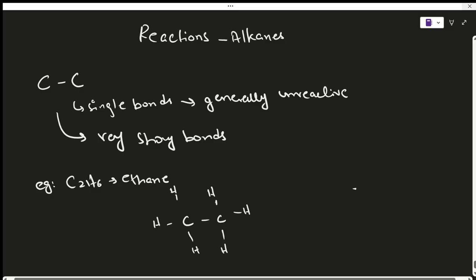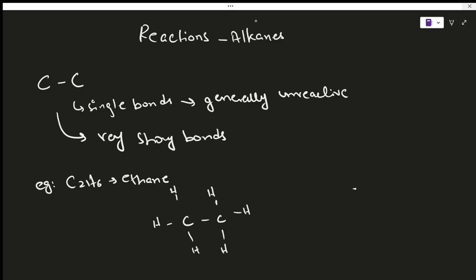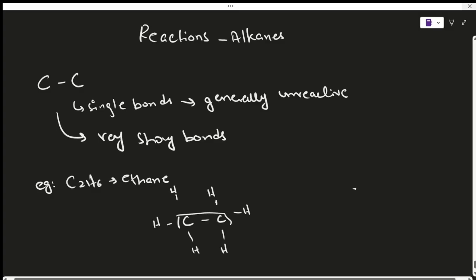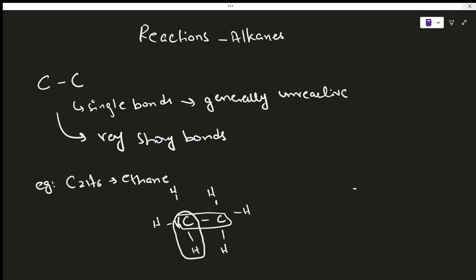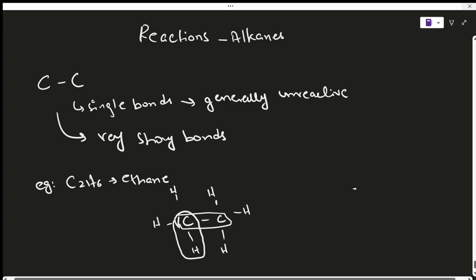Now when we talk about chemical properties, we're talking about the C-C single bond and the C-H single bond, and how in this whole C2H6 molecule these two bonds can change if another molecule comes in and reacts with them. So if another molecule comes in and reacts with them, that means the chemical property is being shown.